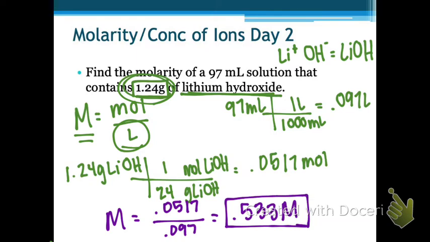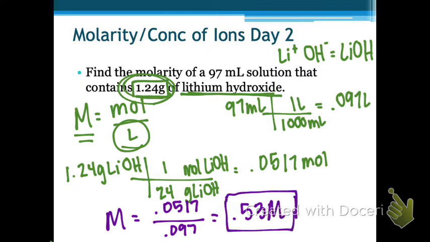As it's written as a concentration, we would pronounce that 0.533 molar. I just rounded it there so that I would end up at 3 sig figs. Technically, I should really only have 2, so 0.53 molar. Not the end of the world, but that's what it looks like.